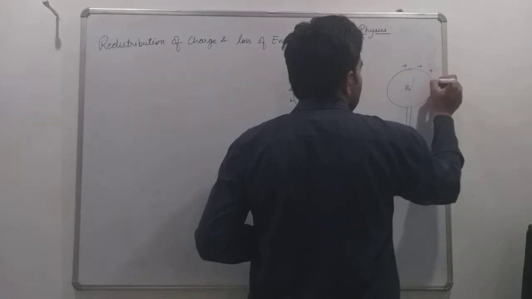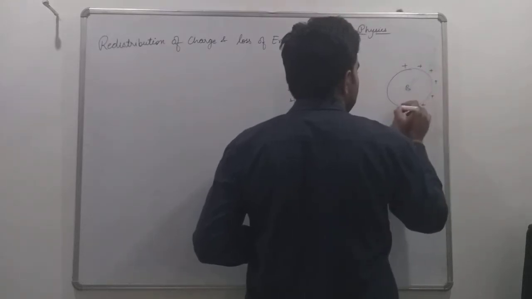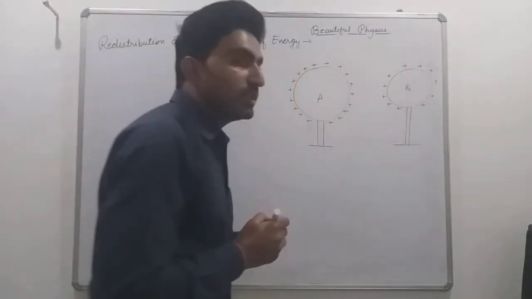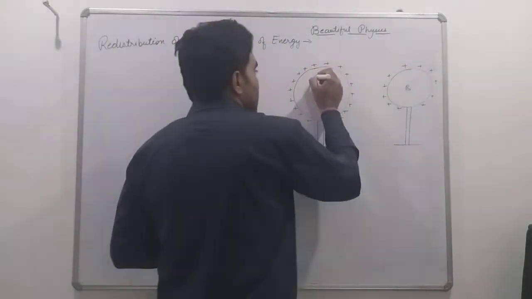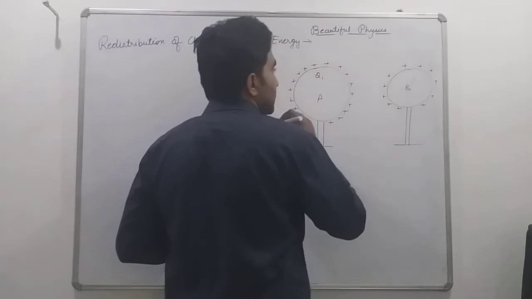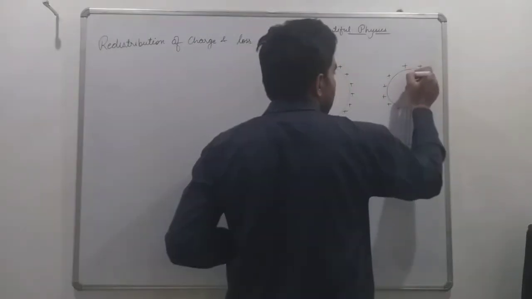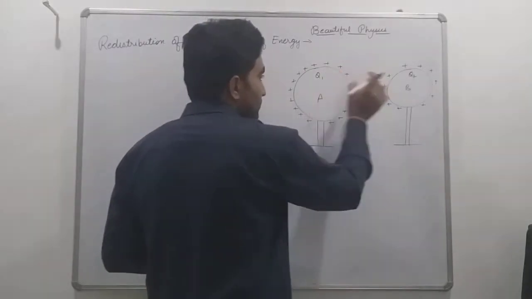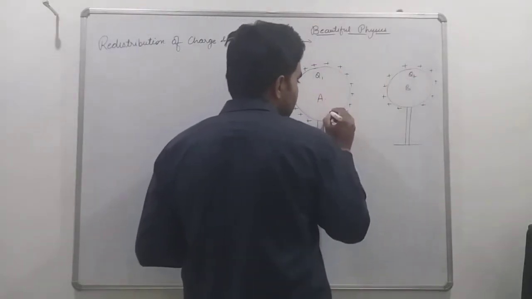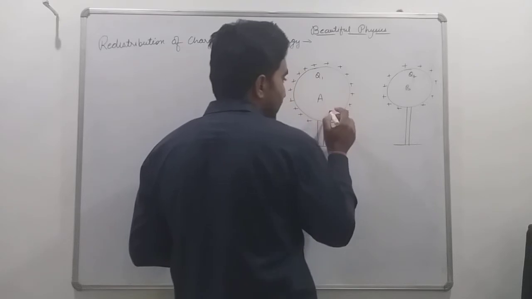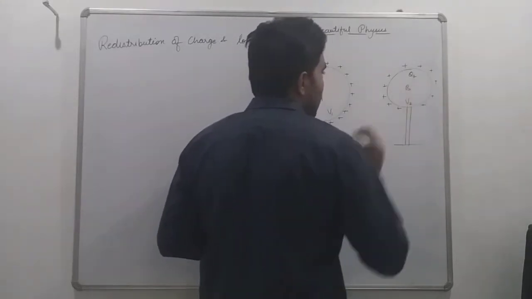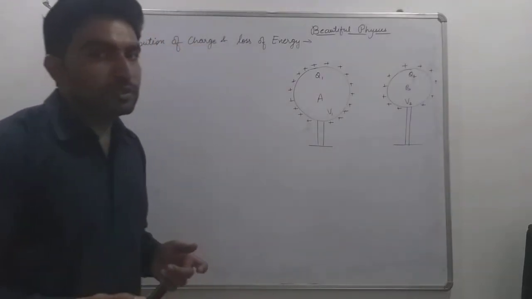If they have some charge, then they definitely have some potential. Suppose conductor A has charge Q1 and conductor B has charge Q2. Suppose A has potential V1 and B has potential V2, and we know that Q equals CV.